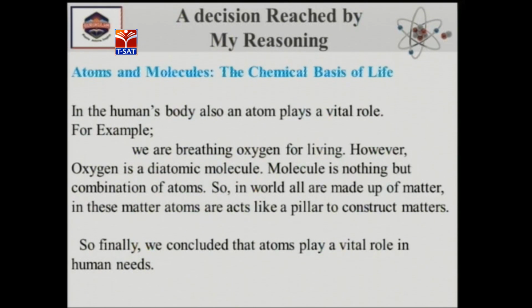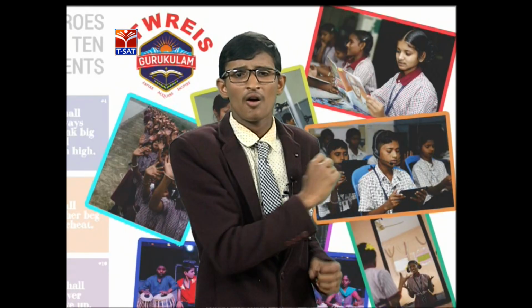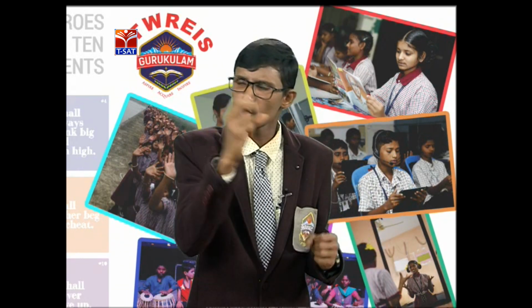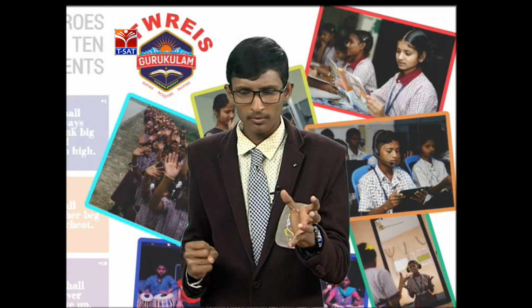Atoms and molecules are the chemical basis of life. In the human body also, atoms play a vital role. For example, we are breathing oxygen to live. Oxygen is a diatomic molecule. A molecule is nothing but a combination of two atoms. For example, this is one atom and this is another atom.